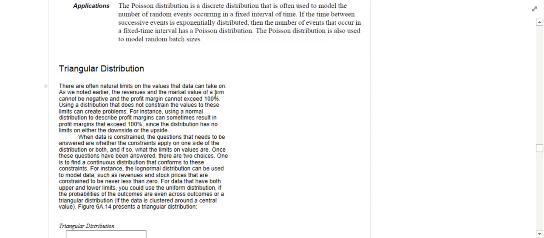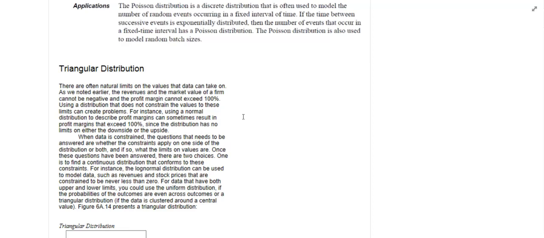So we've got some natural limits on that data set. If we use a distribution that does not constrain the values to these limits, we can obviously wind up with some problems. If we use, for example, a normal distribution, because it's straightforward to use, and we're describing profit margins, and we end up with profit margins over 100%, then we've sort of violated the model, or the reality that would be possible with the model.